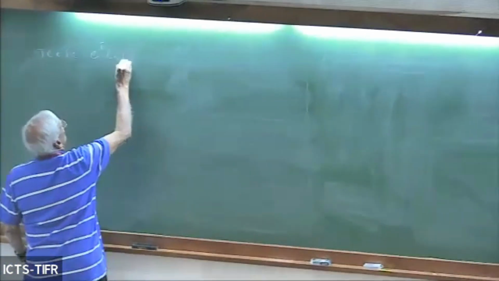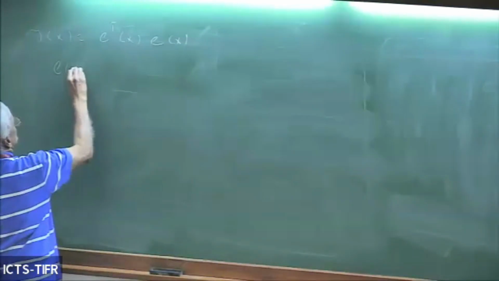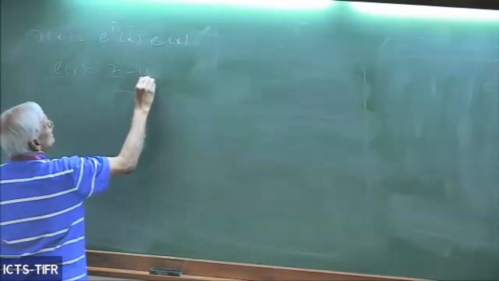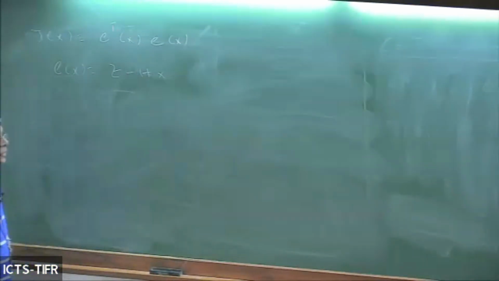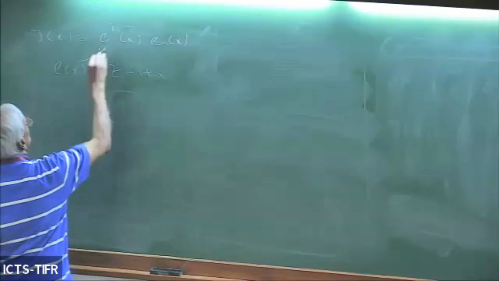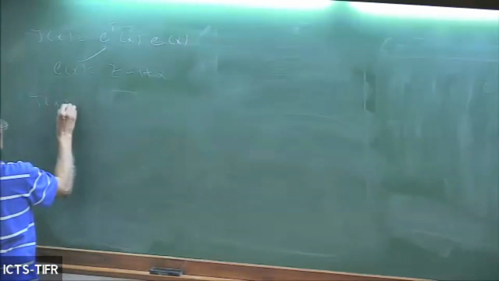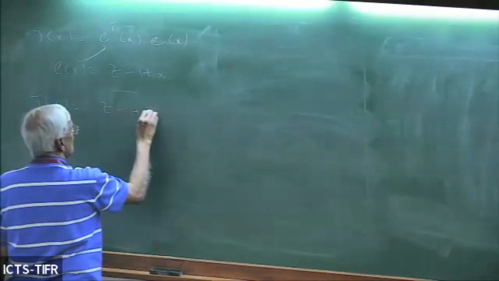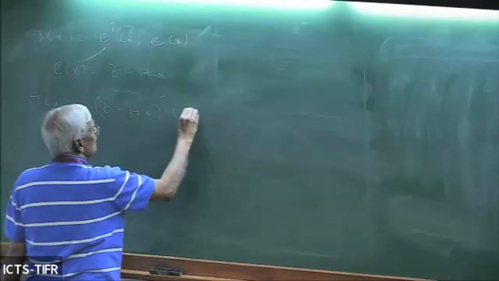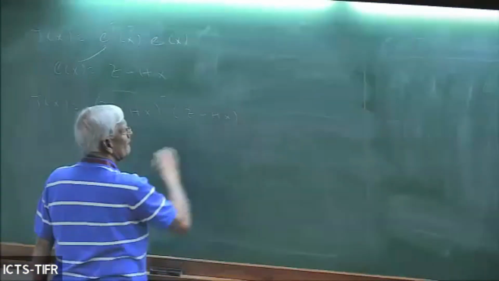J of x is equal to, but I already know E of x is equal to z minus h of x. So if I substitute this in here, J of x now becomes z minus h of x transpose times z minus h of x.